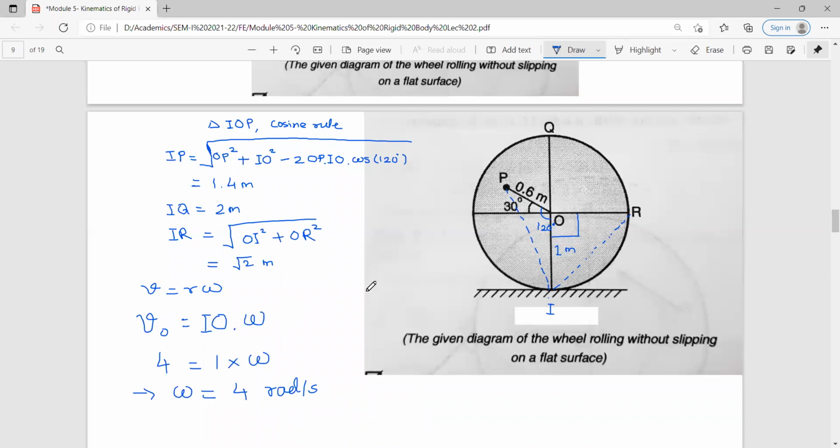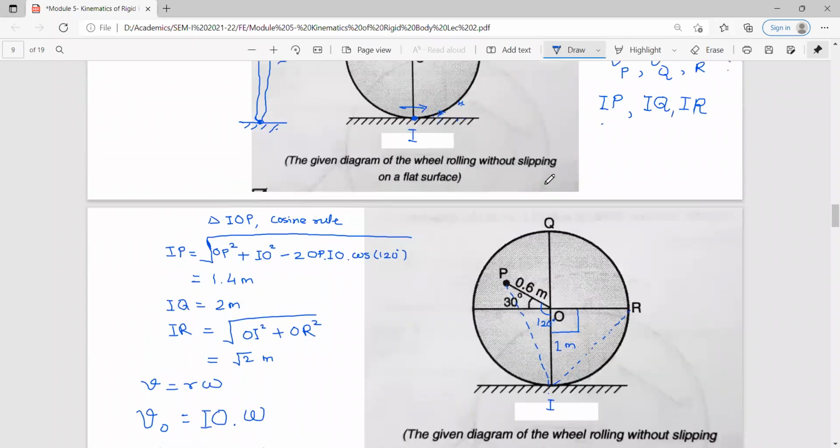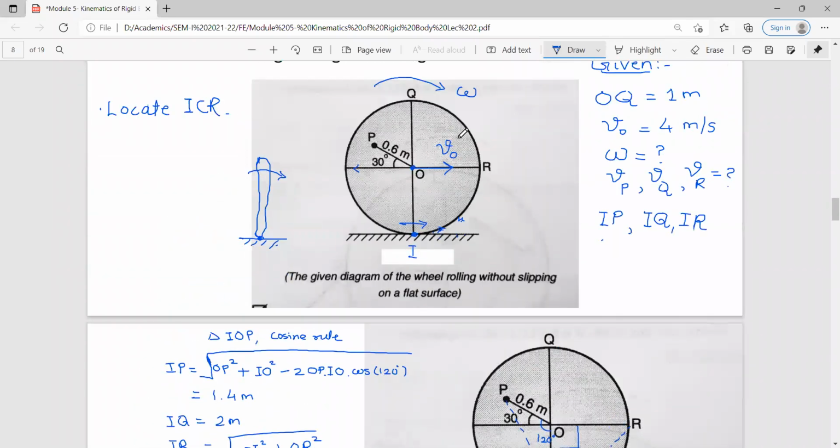To calculate the omega, I needed the velocity of any one point on the wheel. So in the question, the velocity of point O is given to me, that it is moving with 4 meter per second. You know that all the points are on the same wheel. So each and every point will have the same angular velocity, but their linear velocity Vp, Vq, Vr will be different depending on the magnitude of their radius, how far a point is from the center.